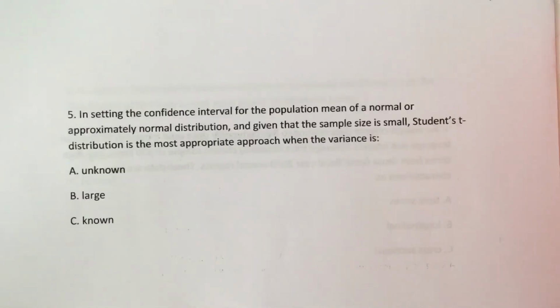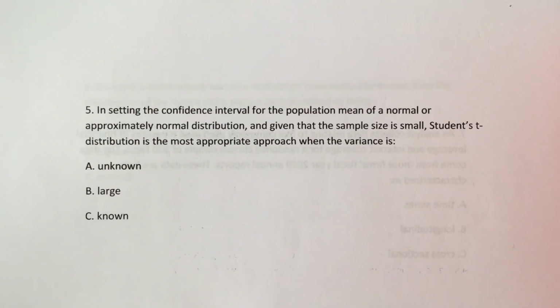Question 5. In setting the confidence interval for the population mean of a normal or approximately normal distribution, and given that the sample size is small, student's t distribution is the most appropriate approach when the variance is A. unknown, B. large, C. known.